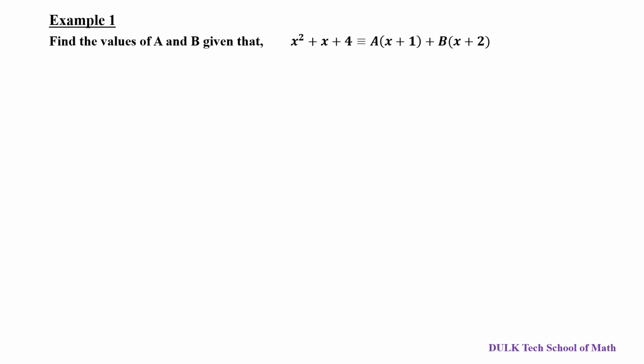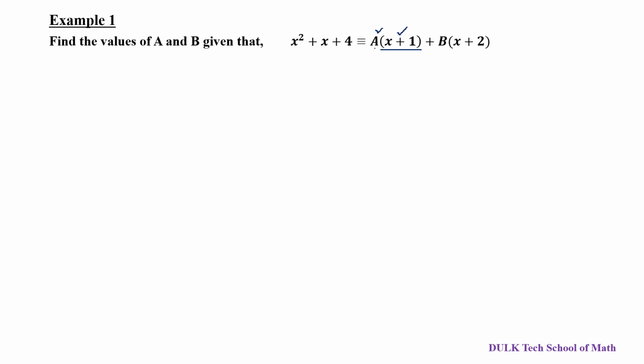Right, so the first step is to choose which factor we are going to eliminate. For example, if we choose to eliminate x plus 1, we want this factor to be 0 in such a way that if the whole of this factor is 0, then a will be multiplying 0, and a by 0 will be 0.